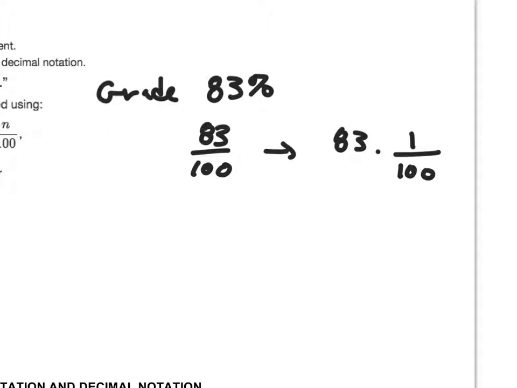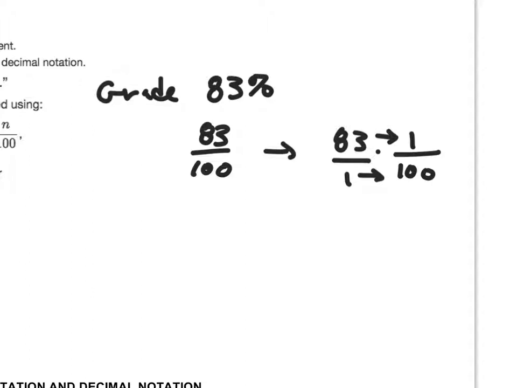I'm a big fan of rewriting numbers as the product of two numbers. If I multiply 83 over 1 by 1 over 100, 83 times 1 gives me 83, and 1 times 100 gives me 100. So I can rewrite it as multiplying by 1 over 100.